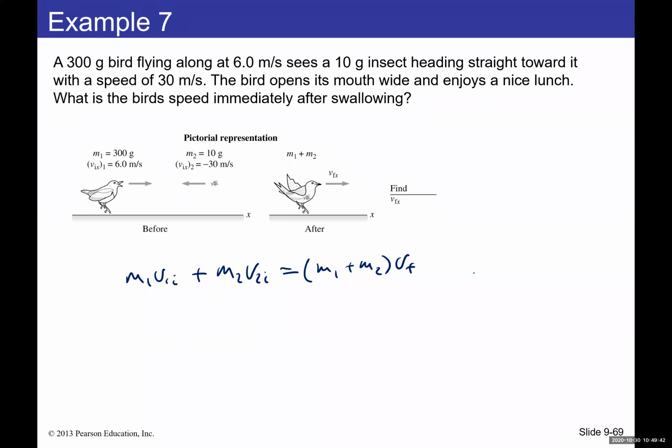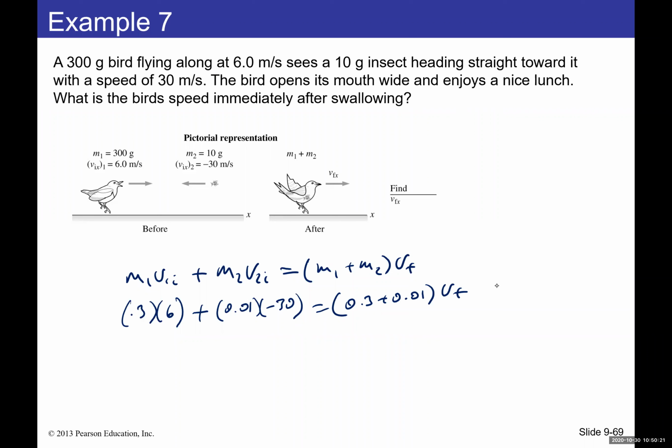Then I can write this as 0.3, which is the mass of the bird, times 6, plus 0.01 for the insect, times minus 30 for the velocity, equals 0.3 plus 0.01, times V final.